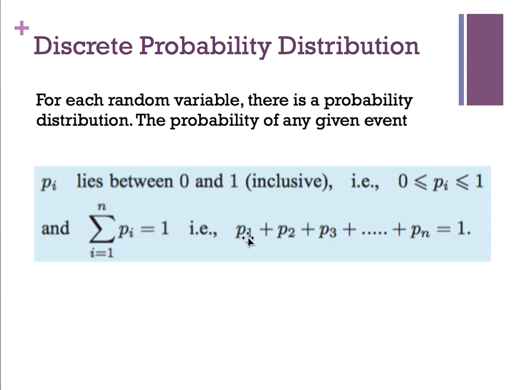So P sub 1 plus P sub 2 plus P sub 3 and so on and so forth up to P sub n is equal to 1. This concept will help us decide if the probability distribution is valid or not.